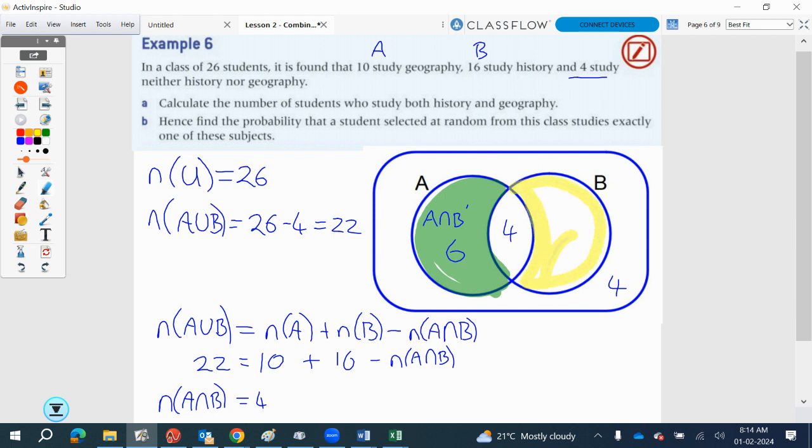Okay, explain to the person next to you what we call this set. What do we call this set?